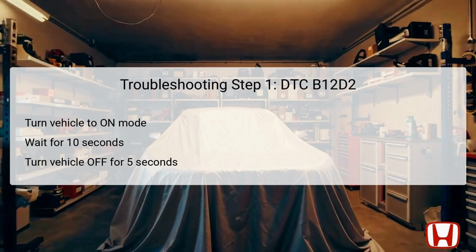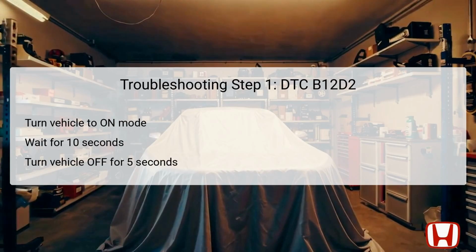The first troubleshooting step involves setting the vehicle to the on mode, which is a critical state for initializing various systems. The technician should wait for at least 10 seconds to allow the body control module, BCM, to establish a reference point.